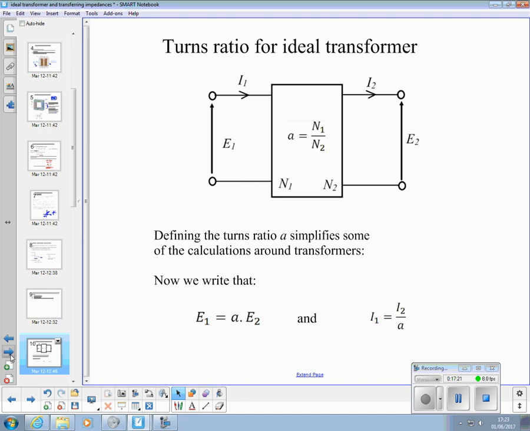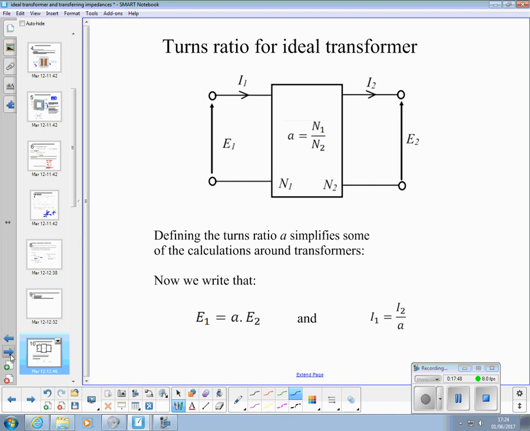Therefore, if I step down, that's going to be a number bigger than 1, and if I step up, that's going to be a fraction, a number smaller than 1. Yep. But the turns ratio A is always N1 over N2.